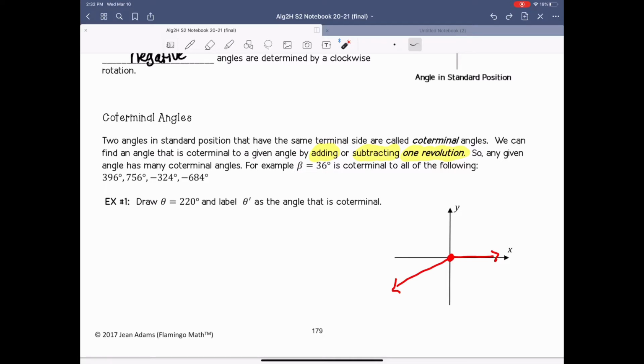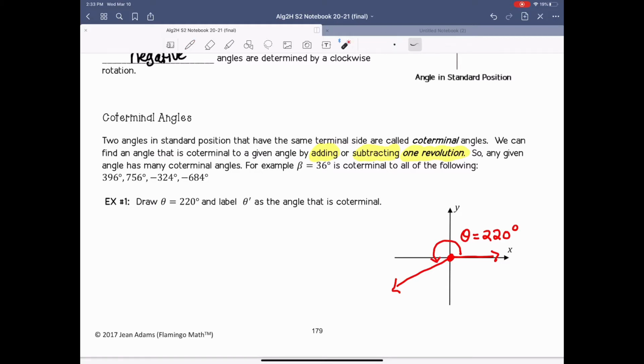Now, with this in mind, let's look at example number 1. We need to draw theta equals 220 degrees, and we need to label theta prime as an angle that is coterminal. Well, the angle that I drew over here just so happens to be the sketch of theta equals 220 degrees. And what I have done is I have moved from the initial side to the terminal side in a counterclockwise rotation.